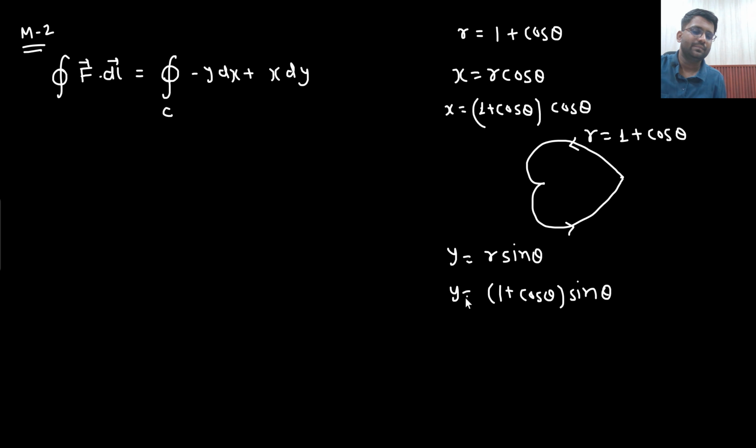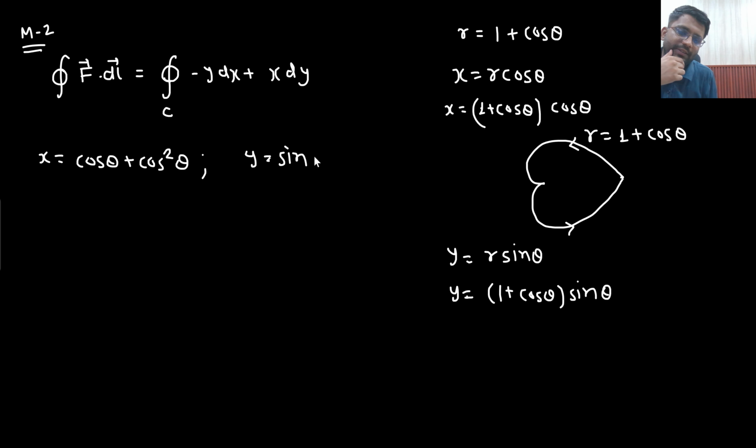So x comes out to be cos theta plus cos square theta, and y comes out to be sin theta plus sin theta cos theta. Look, the calculation will be complex here.